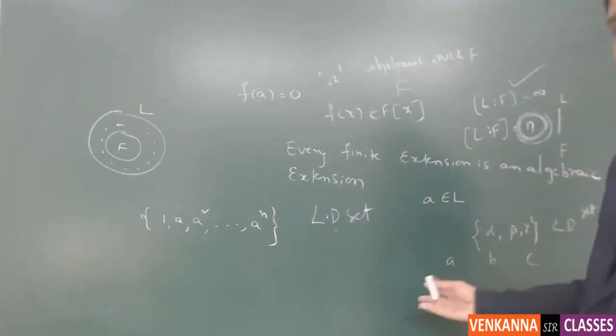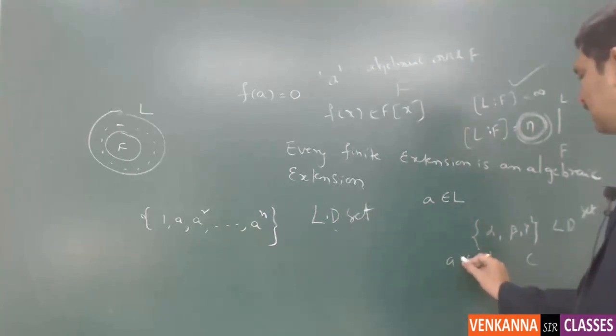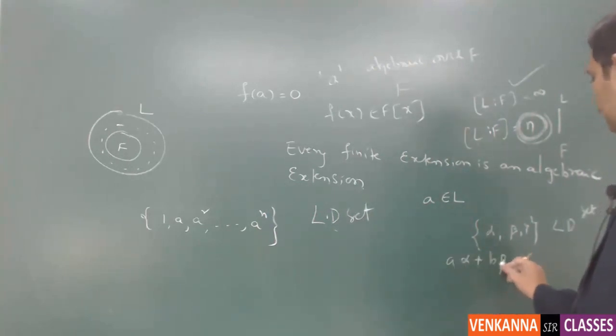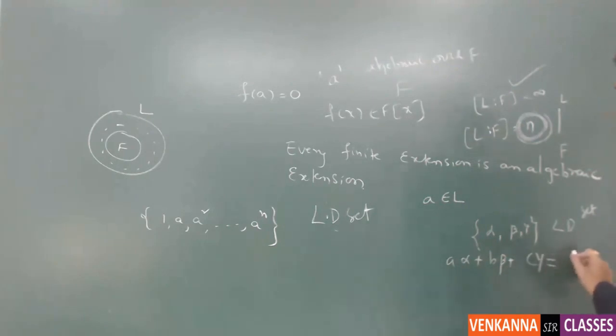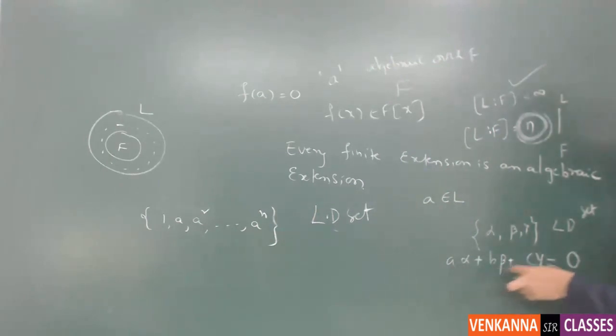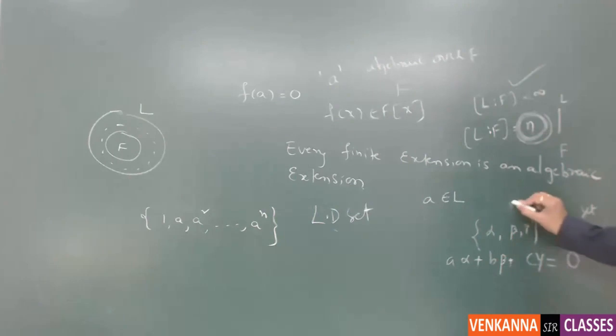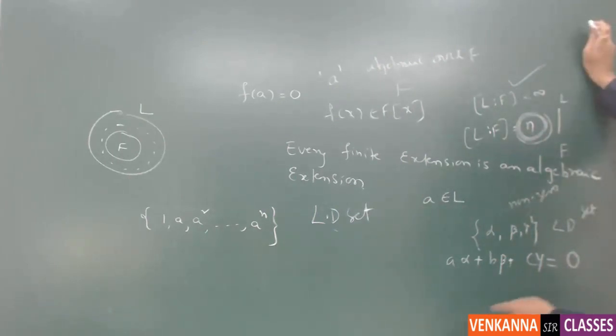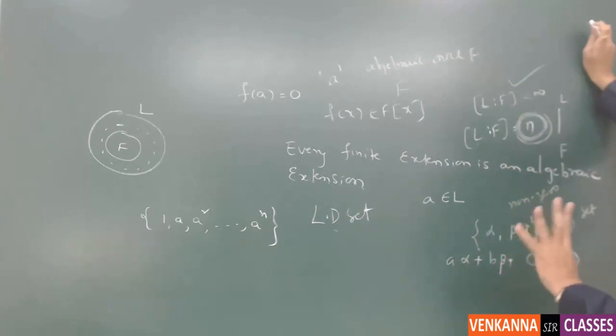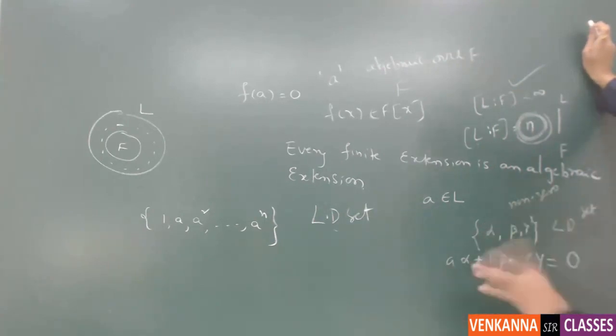I can find numbers A, B, C such that A alpha plus B beta plus C gamma is equal to 0. On summing all the values, I will get 0 as the result. And the numbers A, B, C are not all zero. It means that at least one of A, B, C is non-zero. This is the definition. Clear?